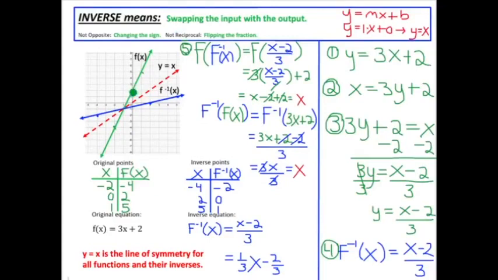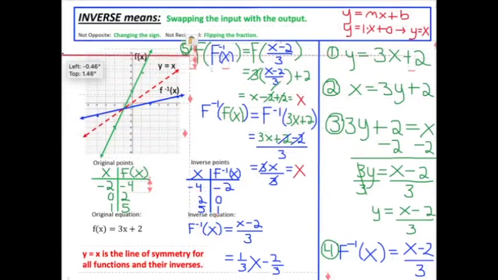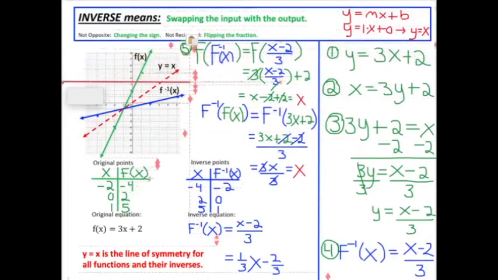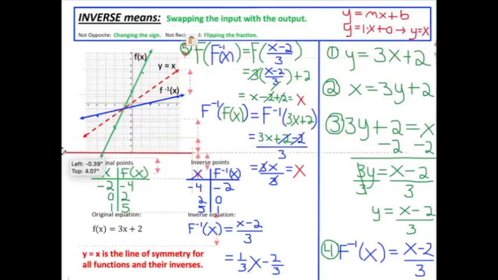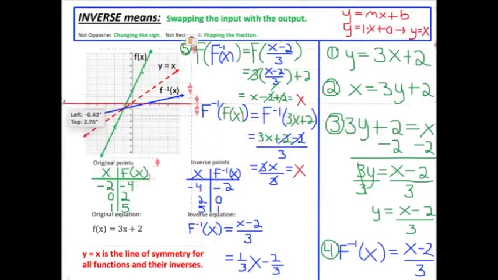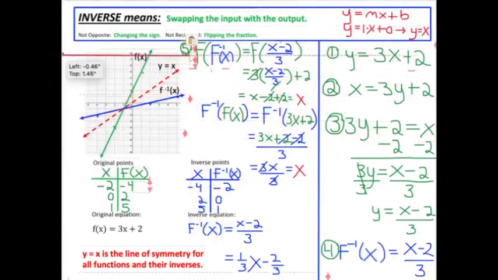There are no y values that you see here that correspond to more than one x value. If you wanted to, you could perform the horizontal line test on it, and you're going to notice it doesn't cross anywhere on our function f of x more than once. So it is one-to-one, which again means that it is invertible. Invertible meaning it has an inverse function.